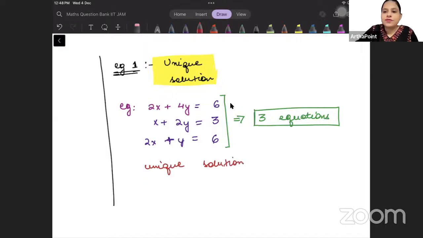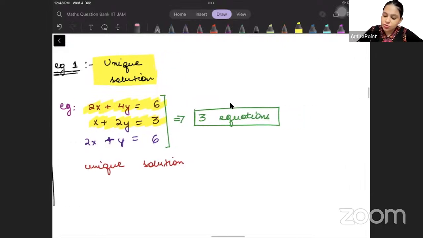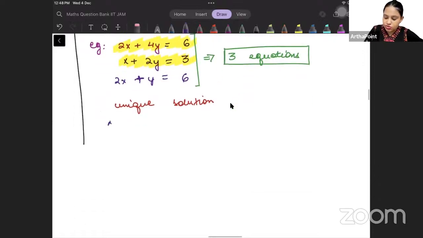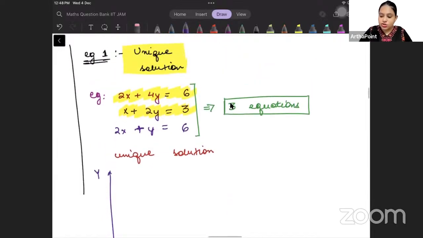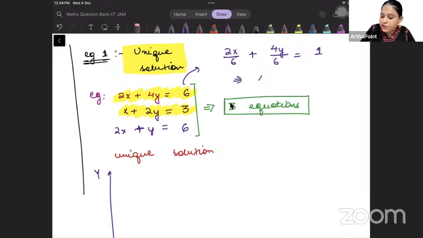Why? Because if you notice, equation 1 and 2 are literally the same, isn't it? If I divide equation 1 by 2, I will get the second. So if I were to plot these equations, I just have 2 variables. Equation 1 becomes 2x by 6 plus 4y by 6 is equal to 1, which gives x by 3 plus 2y by 3 equal to 1.